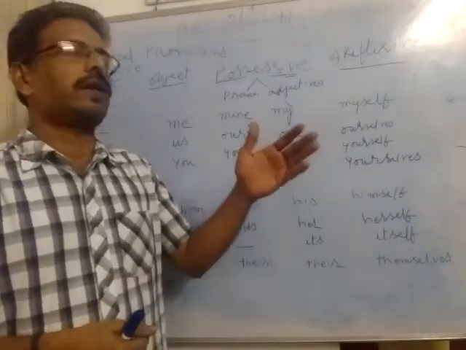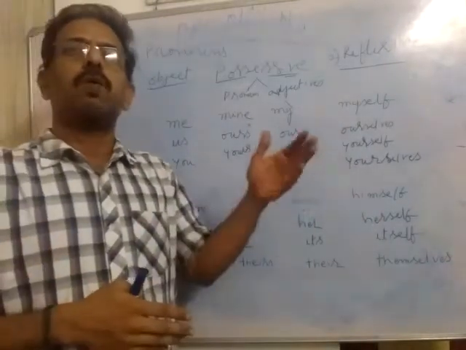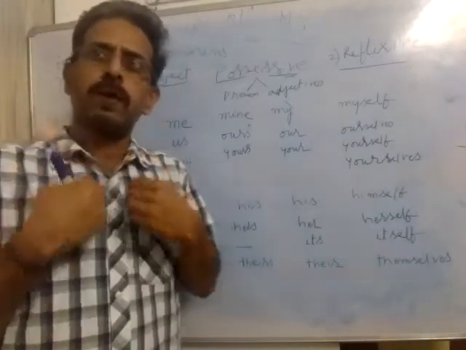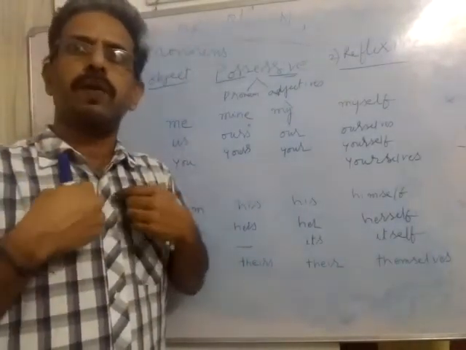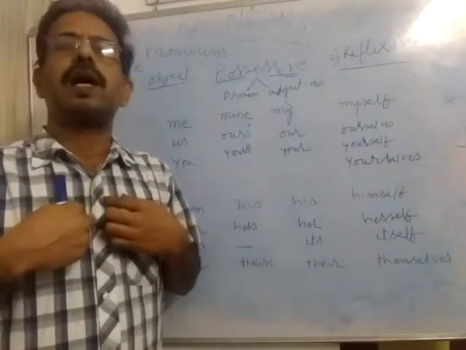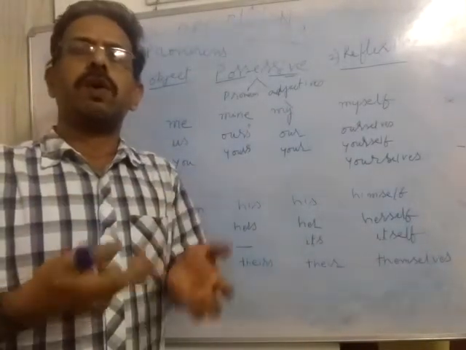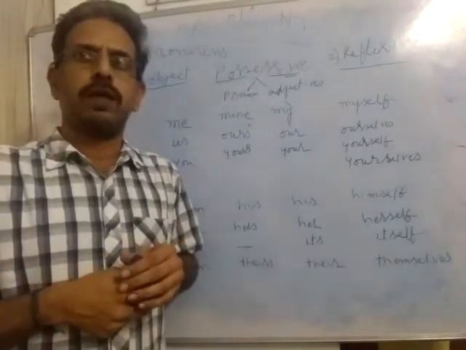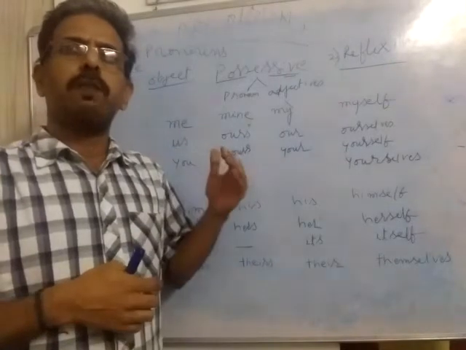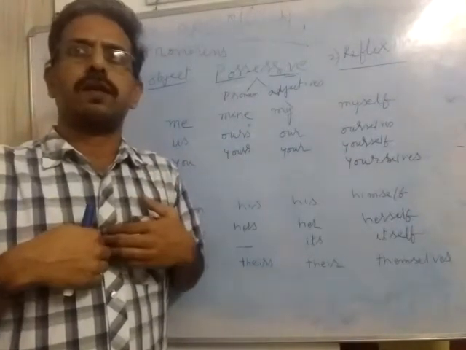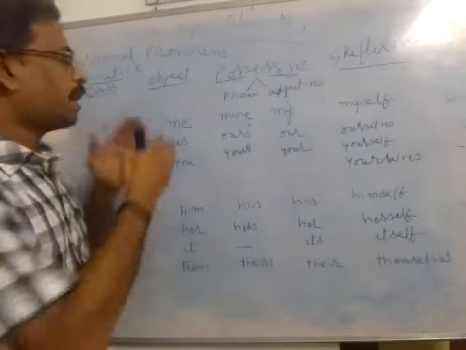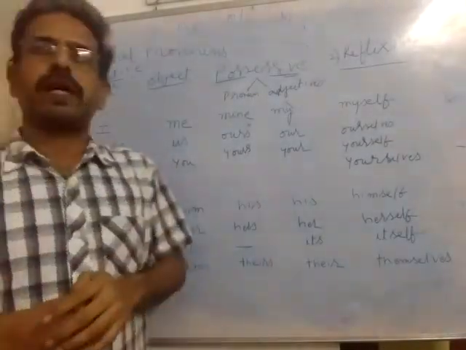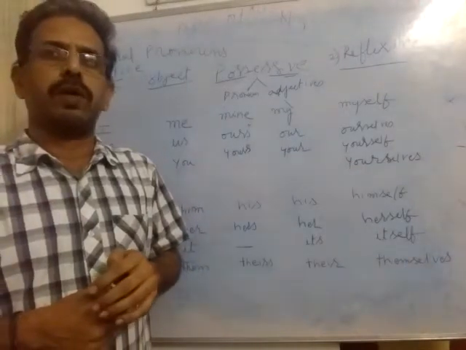If, for example, I am Ramu myself, then I say in the beginning, I am Ramu and I am taking a class on pronouns today. That particular one is nominative case pronouns.